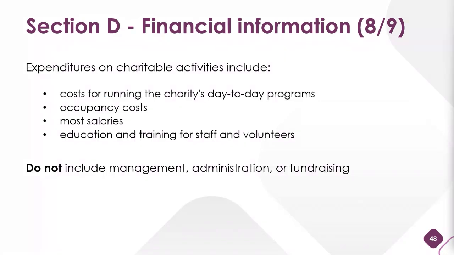Expenditures on charitable activities include costs related to running the charity's day-to-day programs, occupancy costs such as rent, mortgage payments, hydro, repairs, and insurance for buildings used to carry out charitable activities, most salaries, and education and training for staff and volunteers. Do not include expenditures for management, administration, or fundraising on line 5000.